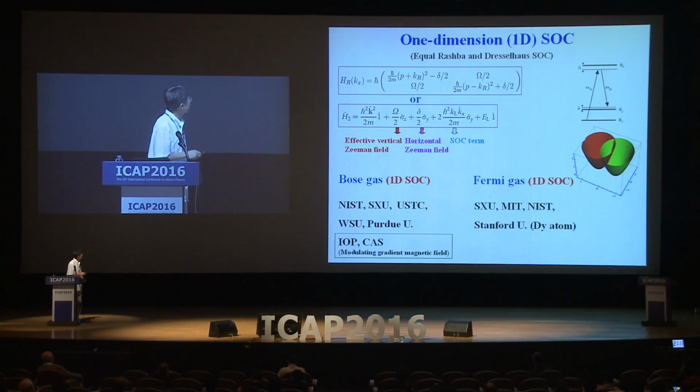The two-photon Raman detuning represents the effective horizontal Zeeman field, which will tilt the dispersion in momentum space. The Raman coupling strength represents the effective vertical Zeeman field, which will open the gap of this dispersion.